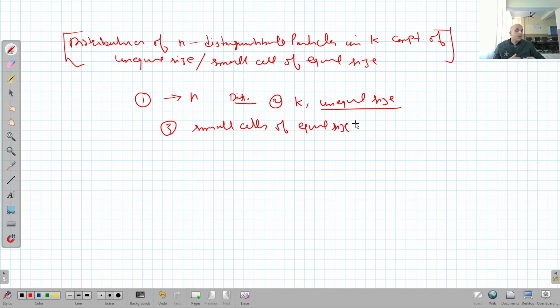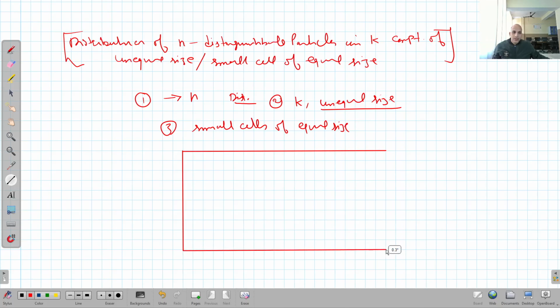These are some important points that we have to remember during the discussion of this entire topic. Suppose we are given a volume in which we are going to distribute these n particles, and the given volume is divided into k compartments of unequal size. Here we are using a two-dimensional system for representation of this volume, so I am using a rectangular compartment as the given area.